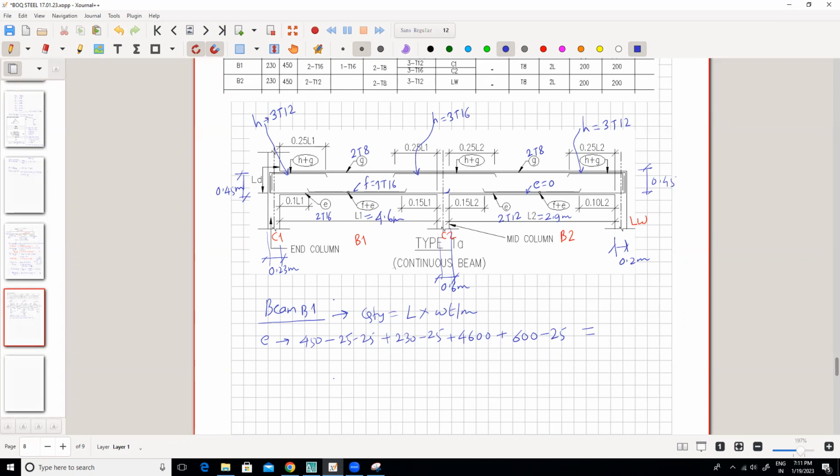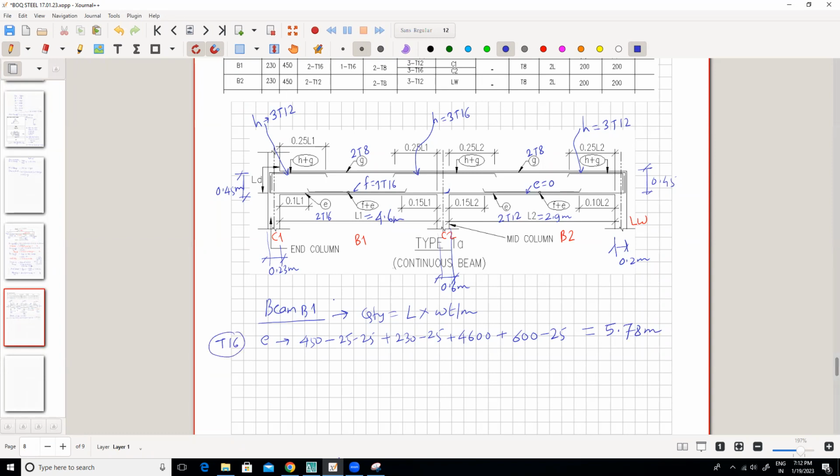How much is it coming to? 5780. 5.78, I will write in meters directly. Okay. Then this is your T16 bar.